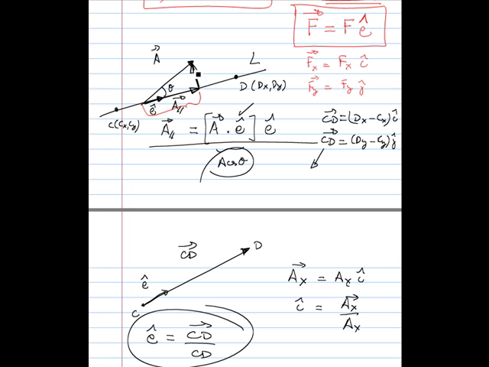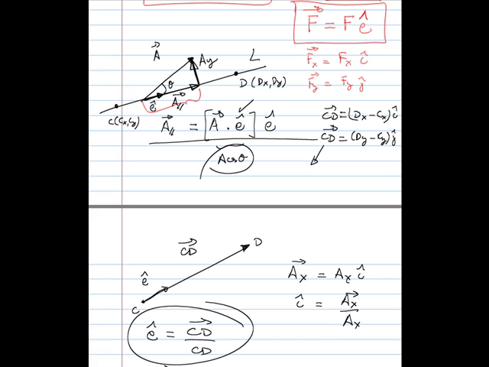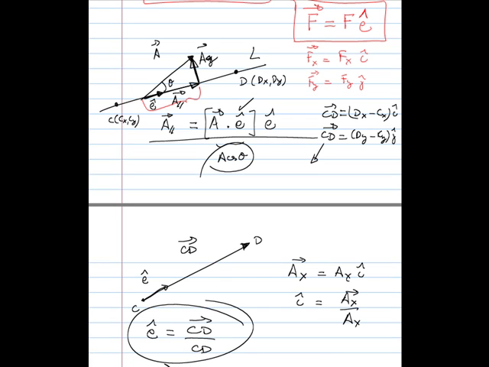Now the nice thing about this technique is, if I would like to figure out this component, all I need to do, I'm sorry, not y, I'm going to call it a perpendicular.